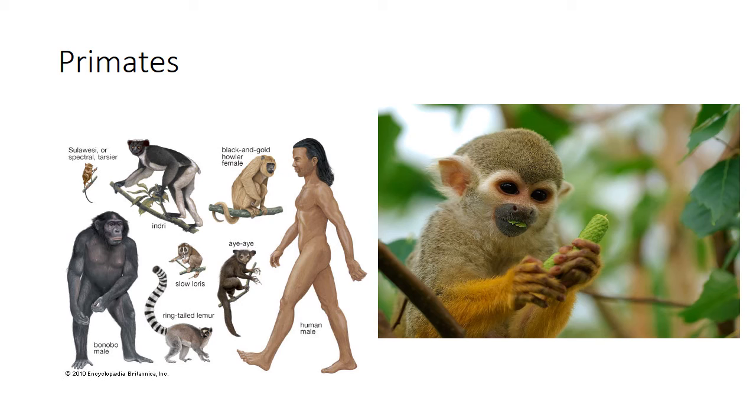So within the order primates, there are separate taxonomical categories, non-simiformians and simiformians, monkey-like. Apes are also monkey-like, but they are separated into a special category, called hominids.